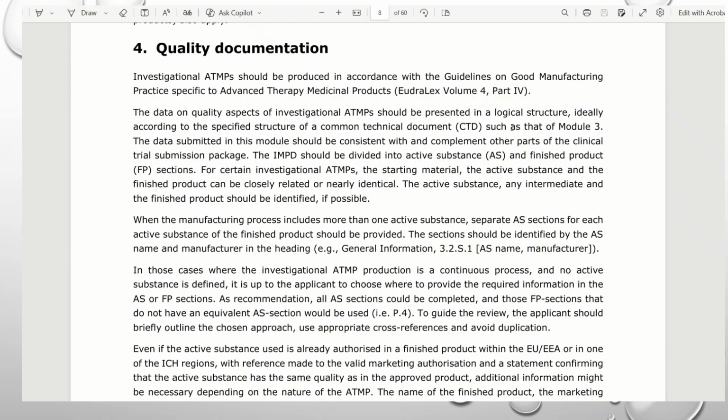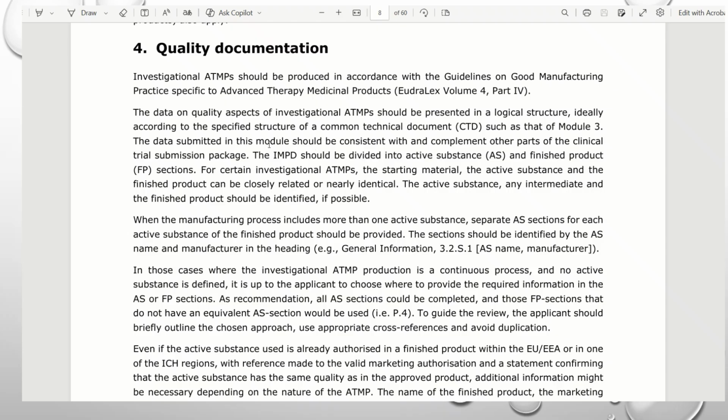But you can deviate if you can justify that. But in such situations, I would get scientific advice or advice from the regulators that the approach you're taking is acceptable to them. So it should be in the common technical document format, such as that of Module 3.